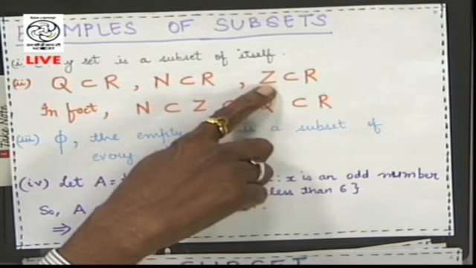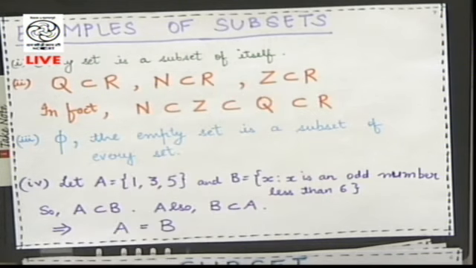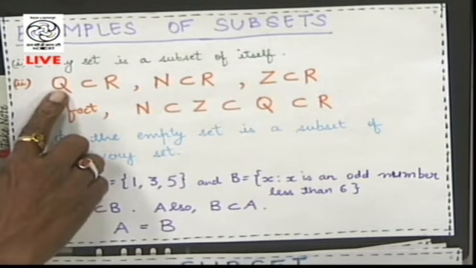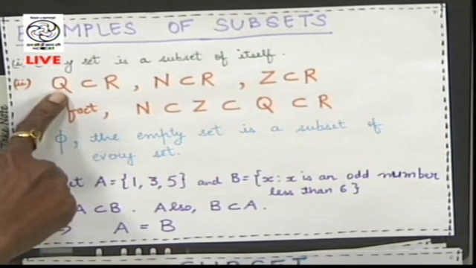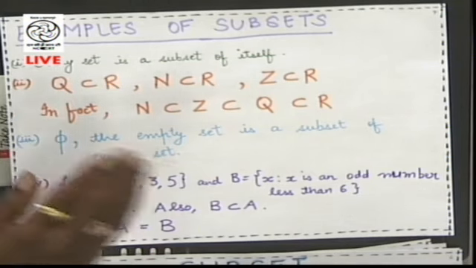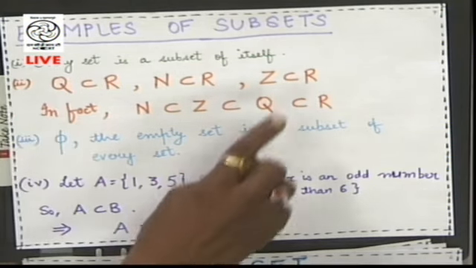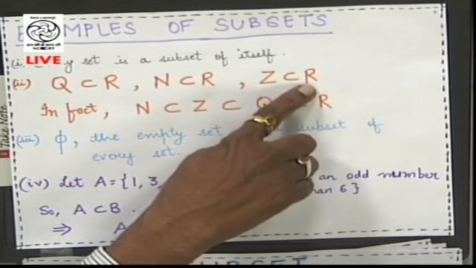So it starts from 0, 1, 2, 3, 4 and so on, we call it the set of whole numbers, and when we add negatives of these numbers to it, we get the set of integers, that is represented by Z. And then we have the set of rational numbers, which is denoted by the symbol Q. These are the standard symbols that are used throughout mathematics, and R represents the set of real numbers.